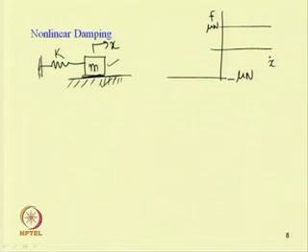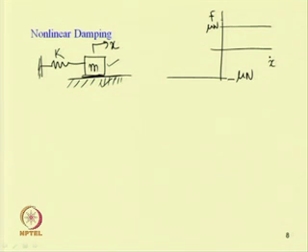The normal force in this case is equal to mg, where m is the mass of the system and g is the acceleration due to gravity. When the velocity is negative, the force becomes minus mu n, and when the velocity is positive, the force becomes mu n.